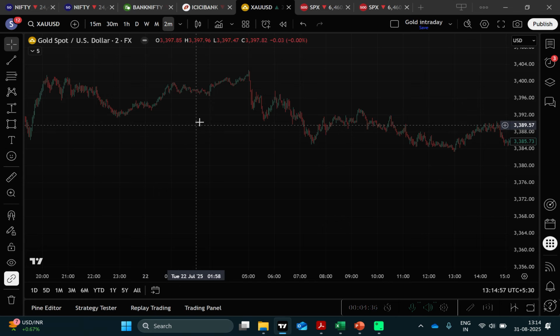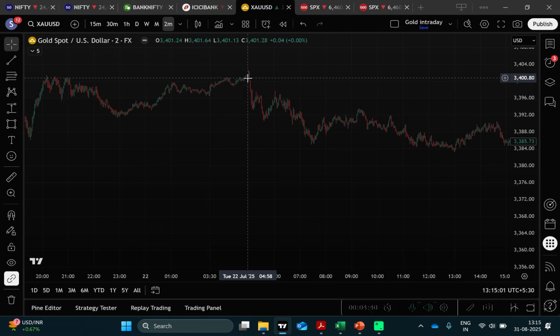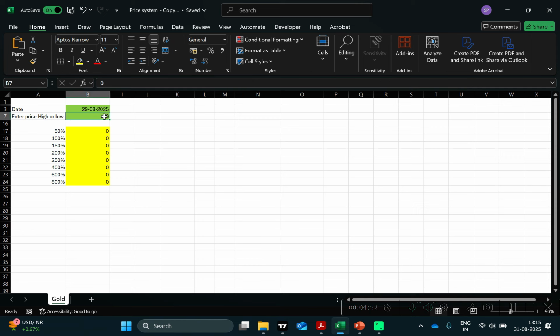Let's see the high of this day. The high is 3402.61. Let's say 3403, and the date is 22nd of July 2025. So this is what we are getting as the range.